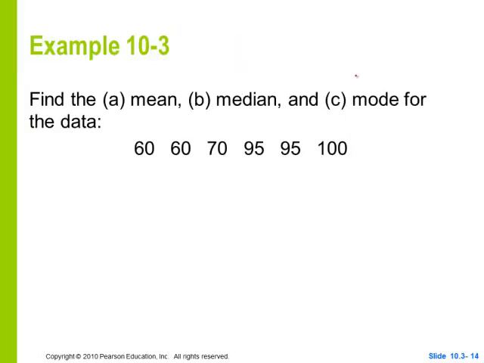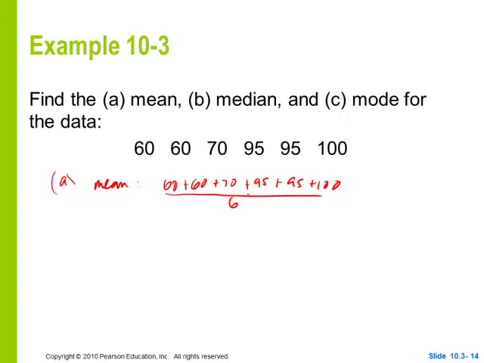Okay. Simple data set: 60, 60, 70, 95, 95, and 100. What's the mean? Add them all up. Divide by how many you have. So what is that for us? There's a way to do it on your calculator where you don't have to do it by hand like this.